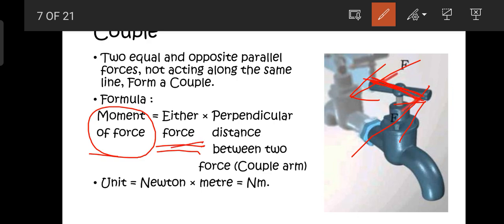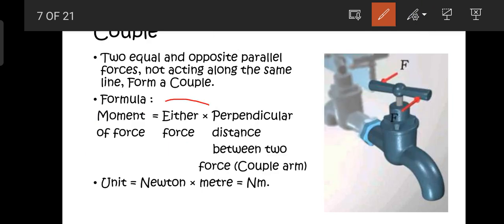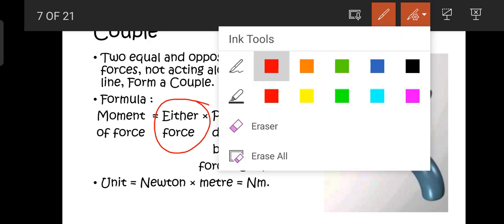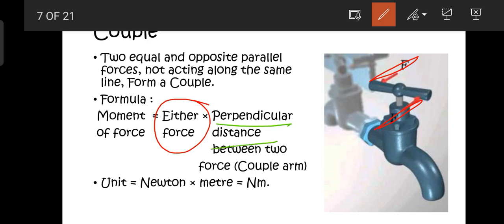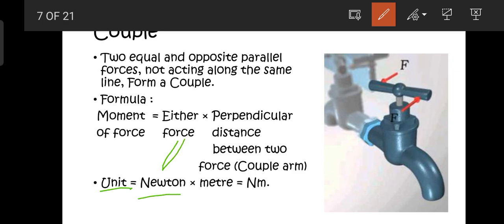Either force means this or this, and the distance between two forces means the distance between these two. Now the unit: force is Newton, distance is meter, so Newton meter.